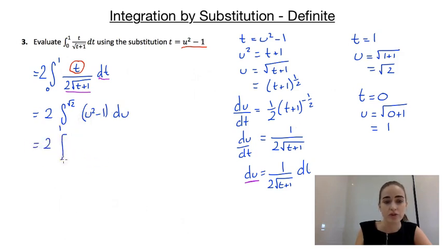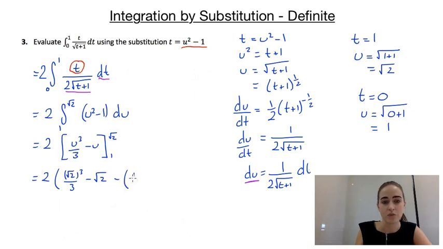So now I can actually integrate it. So I'm going to have 2 outside of u cubed over 3 minus u with root 2 and 1. Now if I substitute in, I'm going to have 2 outside of root 2 cubed over 3 minus root 2 minus 1/3 minus 1.